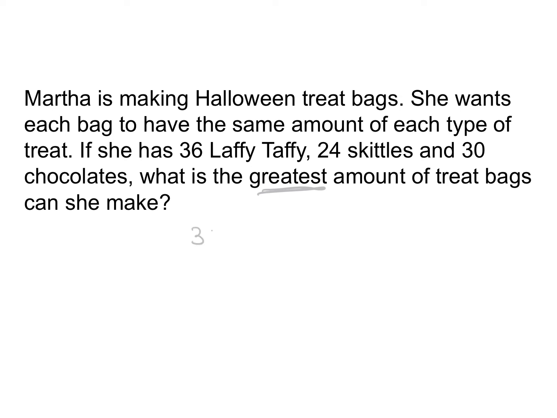I want to know between 36, 24, and 30, what's the biggest grouping I can have of all of those. So I'm going to go ahead and I could do any of the methods. I think I'm going to list the factors. So we're going to say 1 times 36, 2 times 18, 3 times 12, 4 times 9, and 6 times 6.